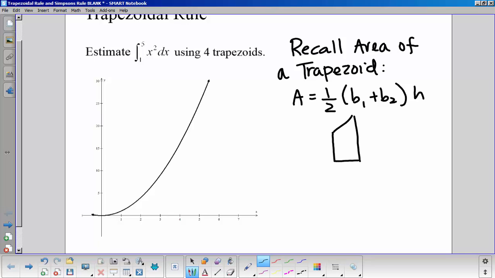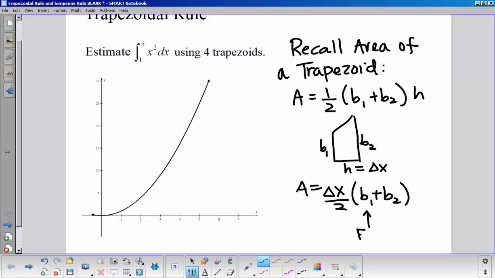The left side is base 1 and the right side is base 2, because those are the two parallel sides. The height is along the x-axis, and the height here is going to be delta x. So our formula is area equals delta x over 2 times base 1 plus base 2, and we're going to get these bases by using function values, function heights.